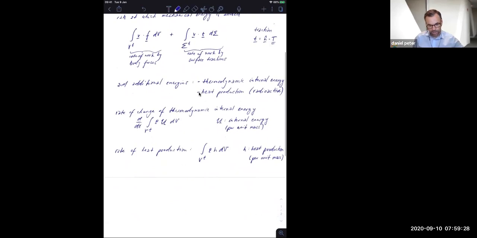So let's look at the rate at which heat is conducted out of our volume.